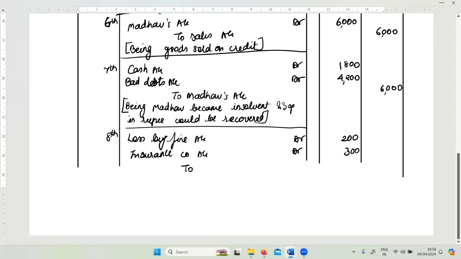And to whose account will it be? To goods account, because goods are lost, right? So goods account 500. Write the narration being loss by fire and insurance company admitted claim of 300.